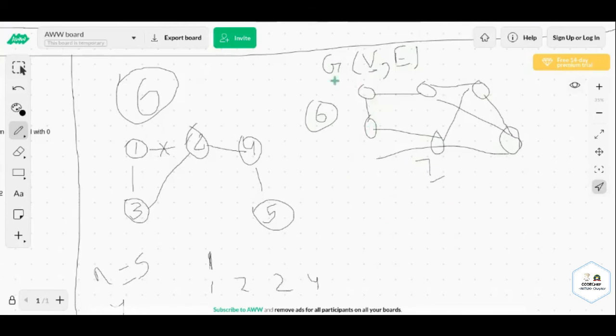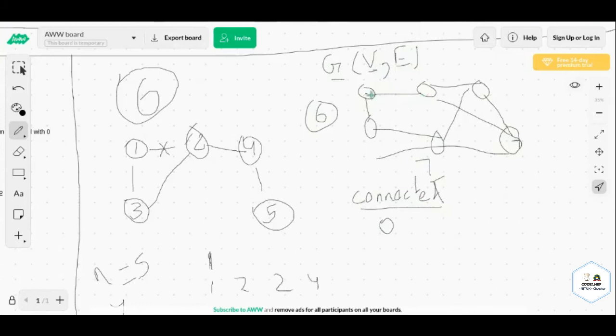Now this graph G is a connected graph. Now what is a connected graph? A connected graph is a graph such that I can reach one node from any other node. That is, there is a path between one node and every other node. That is a connected graph.